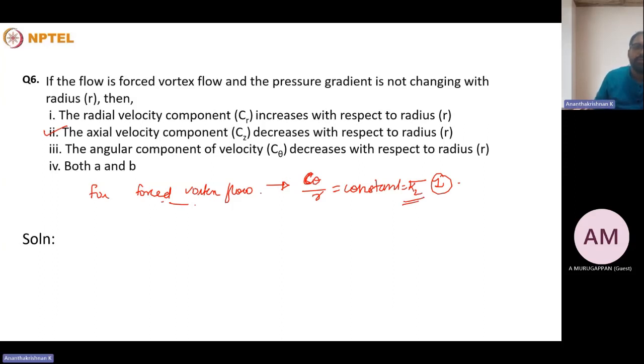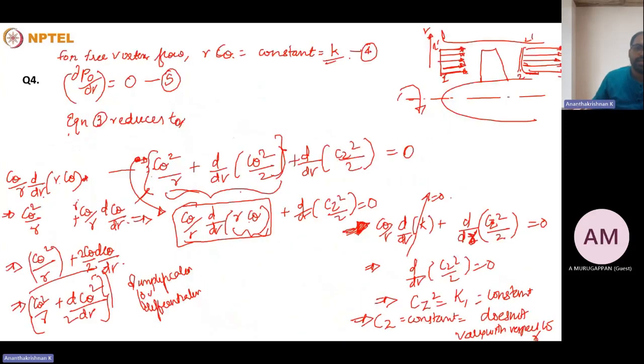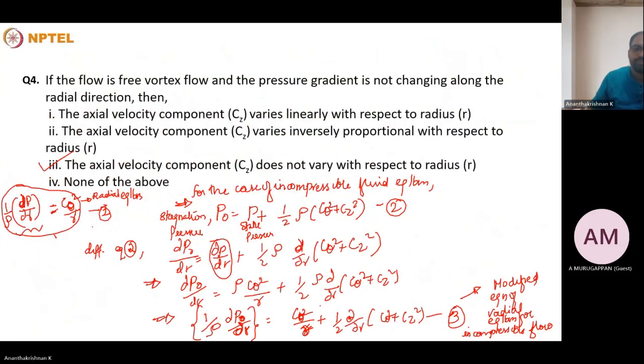And then in the given problem, it is mentioned that the pressure gradient is not changing with respect to radius. So we can write dou P0 by dou r is zero. So in the basic equation that we have seen for the radial equilibrium, equation 3, the 1 by rho dou P0 by dou r term will be 0. So only the right hand side term will remain.